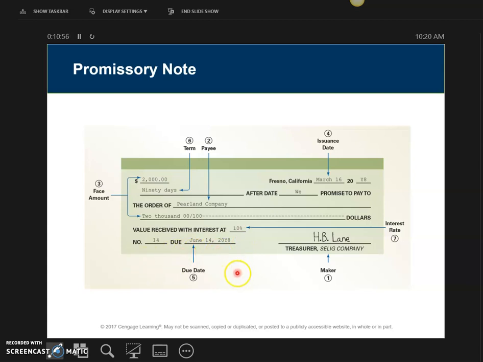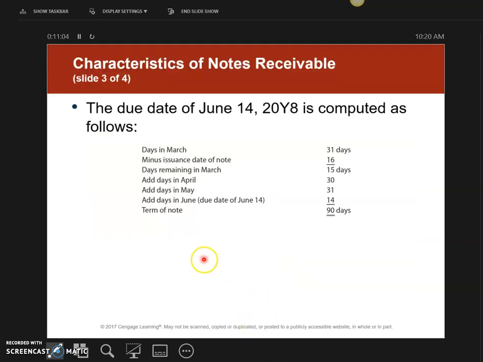But let me show you how to calculate the due date. Remember, we signed it on March 16th, and it's for 90 days. We're going to start with the day it was actually signed. How many days in the month of March? 31 days. But I signed it on the 16th, so I subtract that.